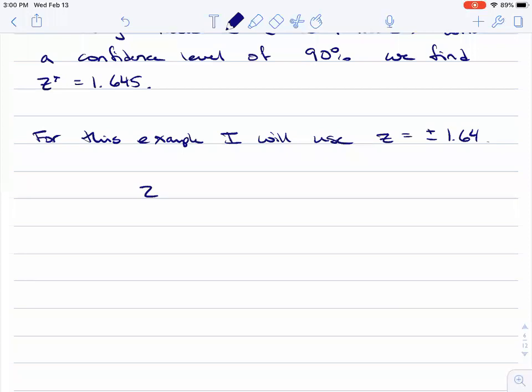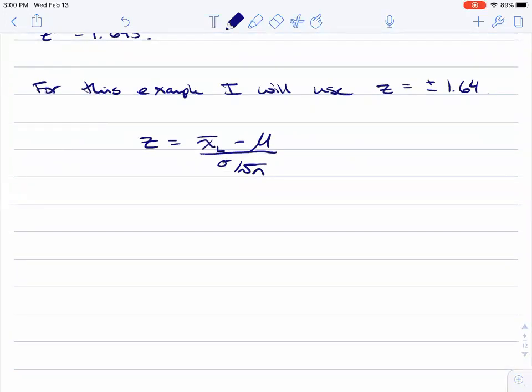So we've got Z as X bar. Let's start with the lower, right? Because the whole goal of this operation was to find the Z scores and then unstandardize them to find the X bar lower and X bar upper for the central 90% of the weights. So X bar lower minus mu over sigma over root n.